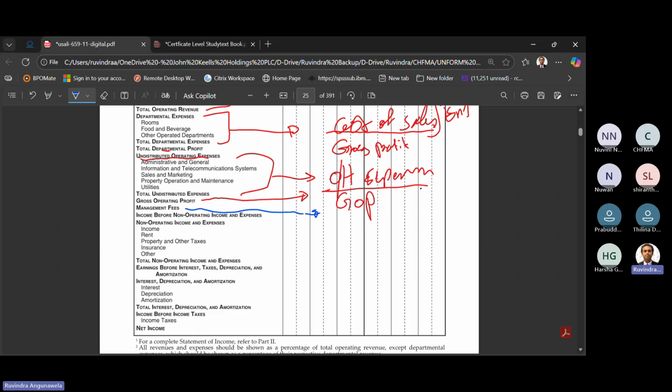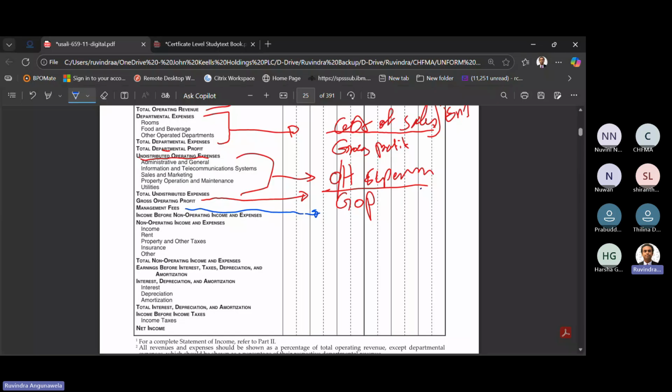So there will be a fee paid to this managing agent, and that fee is called the management fee. The fee that is paid from the hotel to this managing agent is called a management fee.